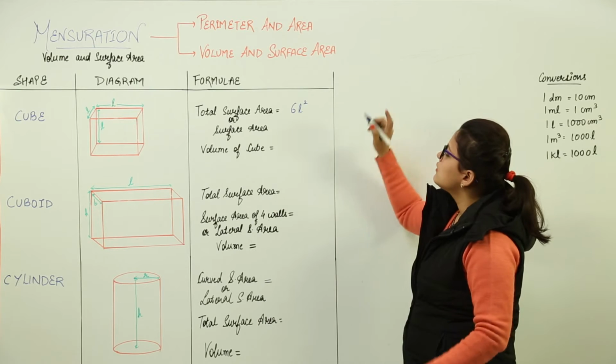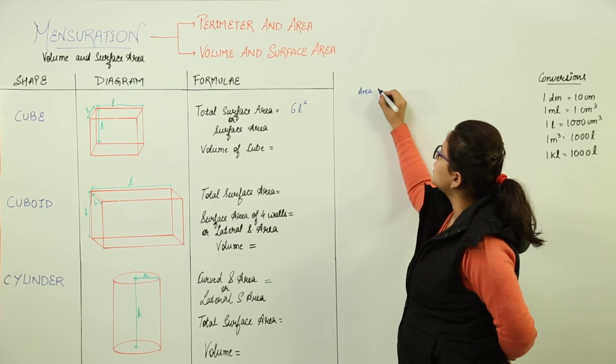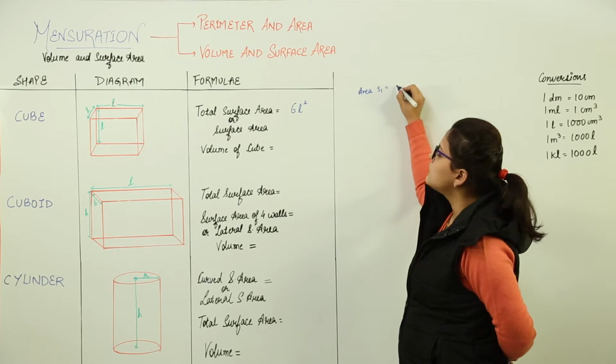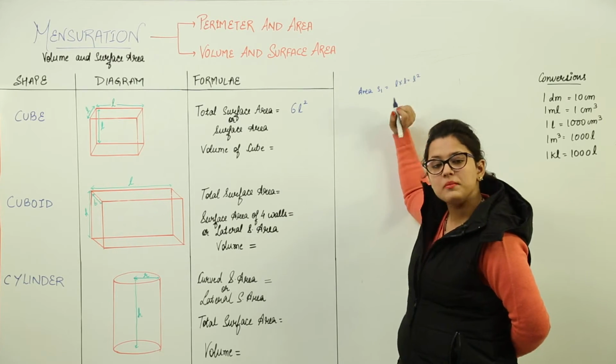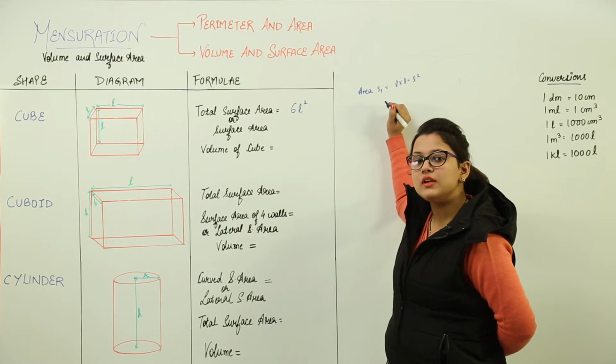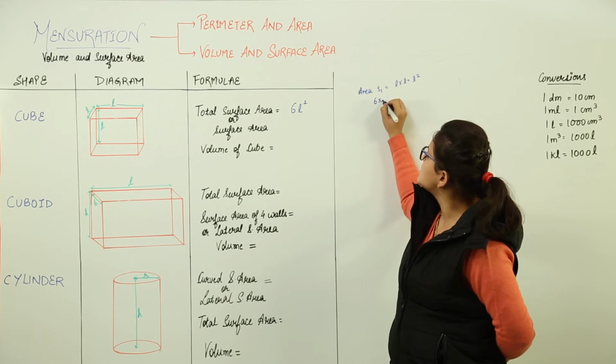We calculate the area of each square: area of square 1 is length into length, that is L square. How many squares do we have? We have 6 squares. That is why the area of the cube will be equal to 6 into L square.